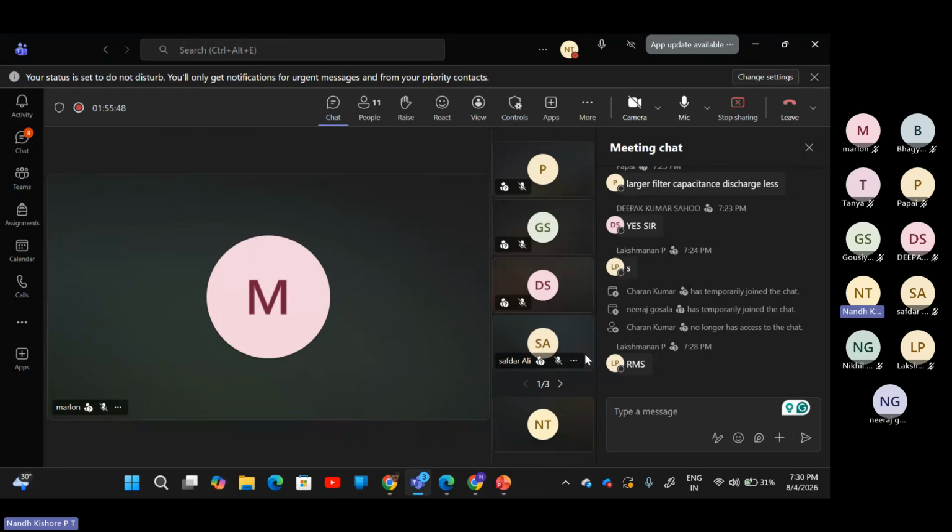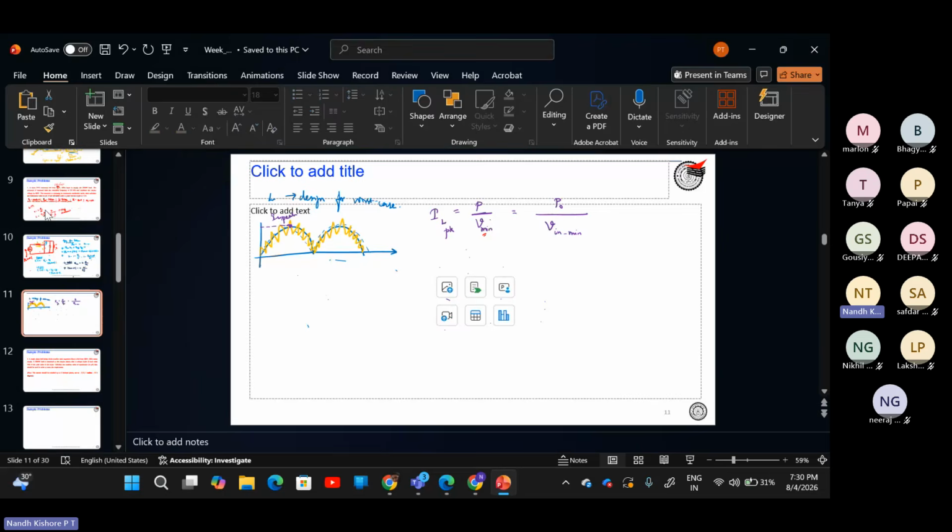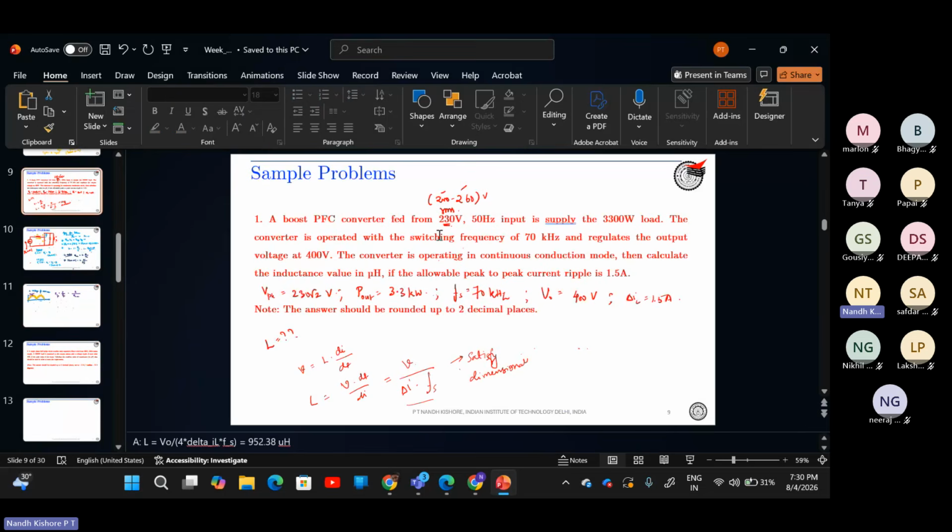Is this fine? If you have a range of input voltage, over here in the question they have given only one value, that is 230 volts. But let's say they give you a range. The input voltage can vary from 200 to 260 volts. Even in India, you see that it's not fixed at 230 volts. At some point of time you will get 210 volts.